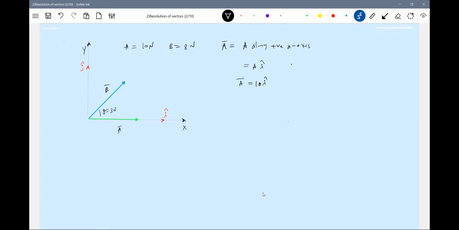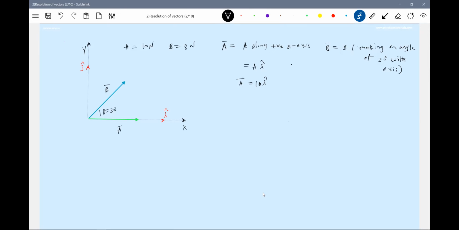So what is the best you can write? b bar is equal to B, making an angle of 30 degrees with the x-axis. Okay, to some extent. This is the direction, and this is the magnitude.